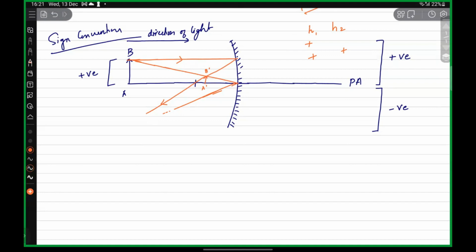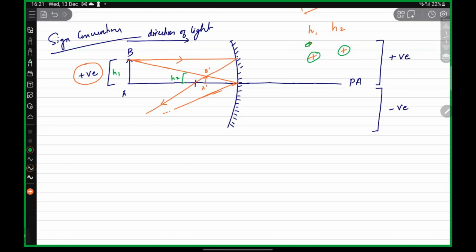Yeah, Upasna says both. Answer is both actually, because everything above the principal axis, if we have any height above the principal axis, will be positive. So in this case as well, the image is also above the principal axis because the image is here, right? So the image height will also be positive. So if H1 is the object height, if it is positive, image height will also be positive in this case because image is formed above the principal axis.